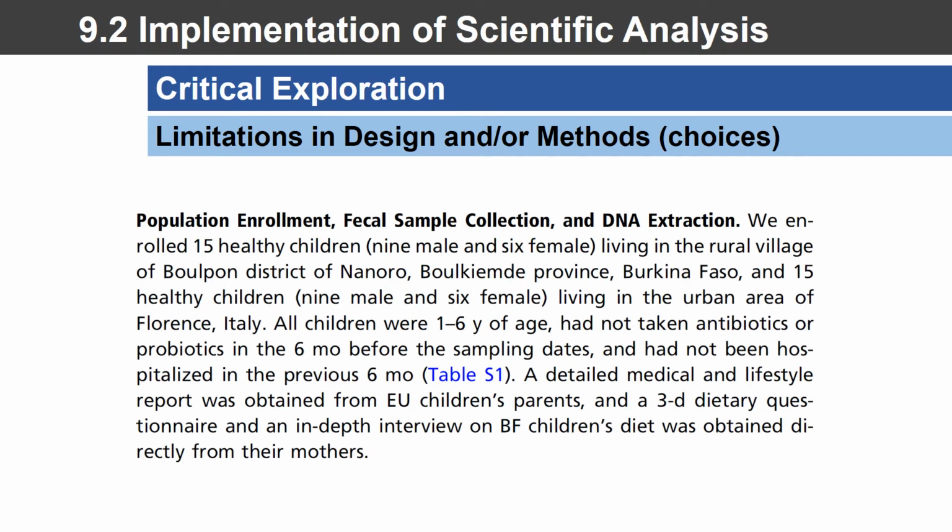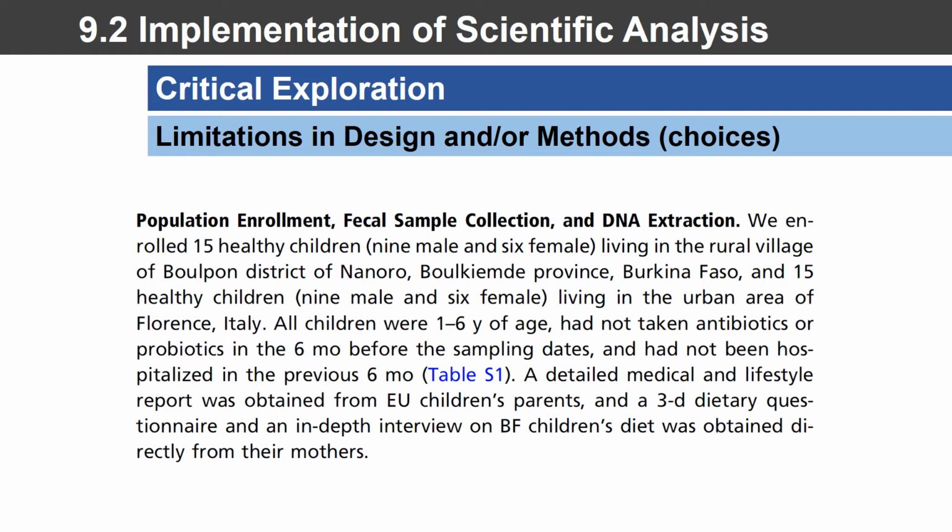So let's move to the materials and methods, and I'm going to start right there with the very first portion of it. The materials and methods on the second column of that last page start with population enrollment. Something I love, fecal sample collection, and DNA extraction.